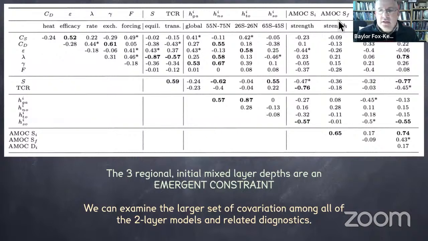You're looking at correlations between things like the mixed layer depths, global, north, tropical, southern, and the bold ones here are statistically significant versus a Student's t-test. And the asterisks are significantly correlated at a lower level of correlation.